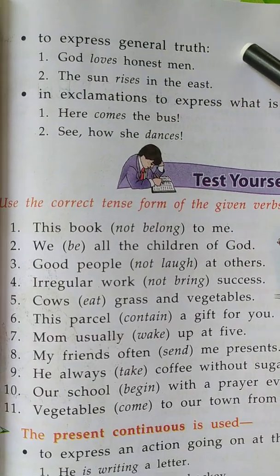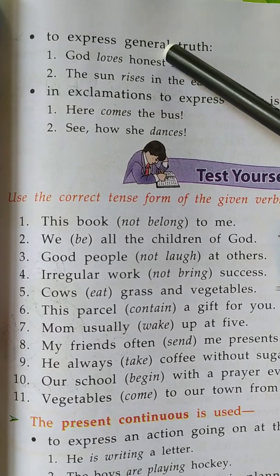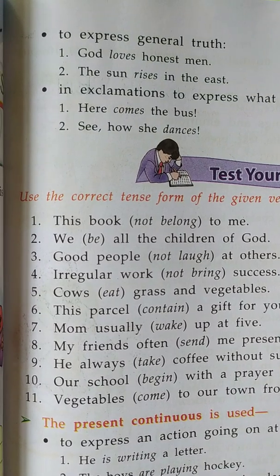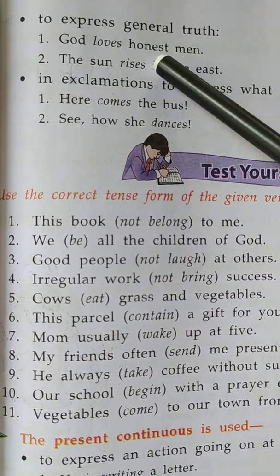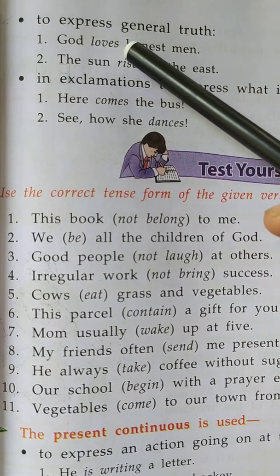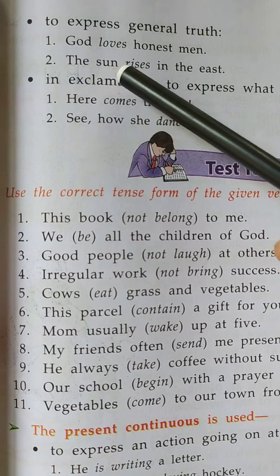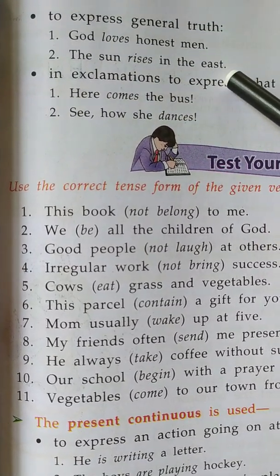To express general truth or universal truth, we use present simple or present indefinite tense. The example number 1, God loves honest men. Number 2, the sun rises in the east.